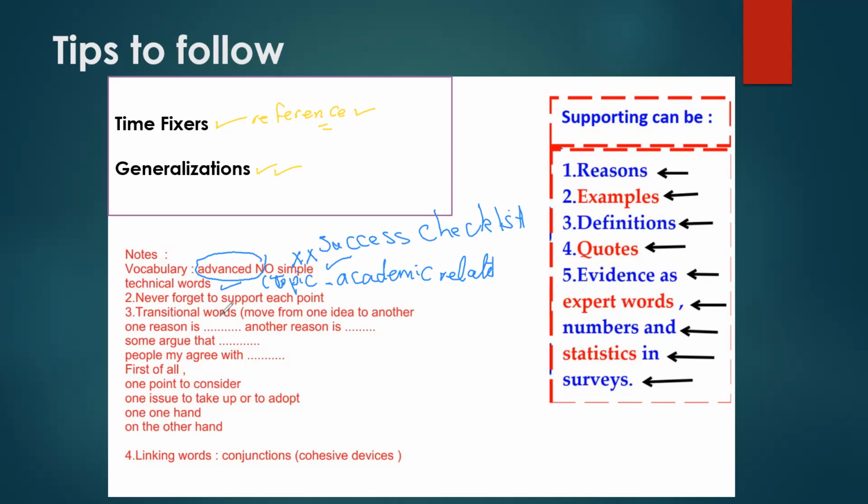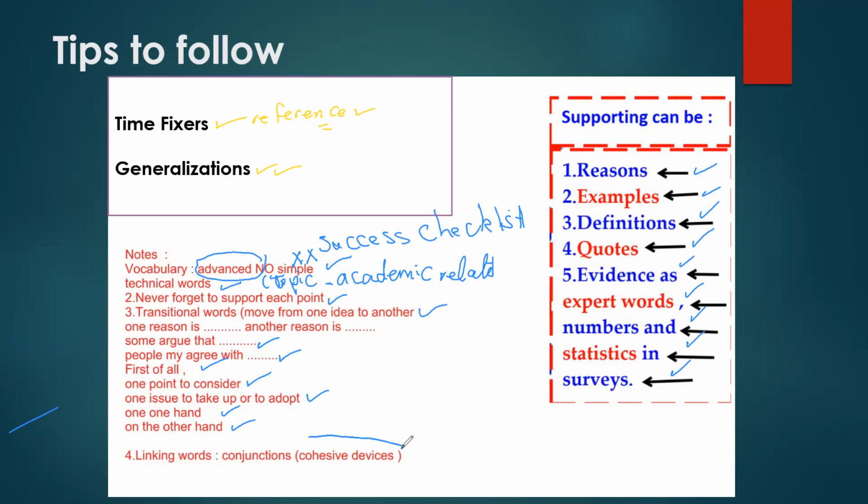Then never forget to support each point. We'll see also how to support. Here we studied before different ways of support. I hope you had a quick look at these points last session. Then you should use some transitional words when you move from one idea to another idea, like some argue that, people may agree with, first of all, one point to consider, one issue to take up, on one hand or on the other hand.